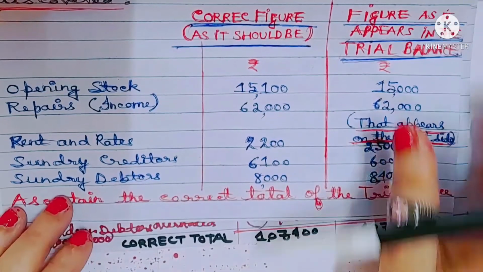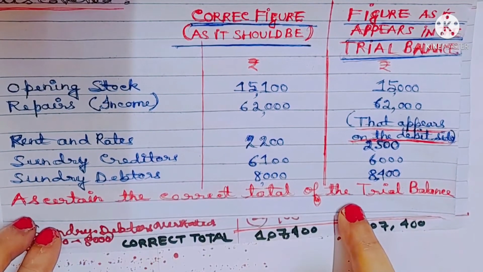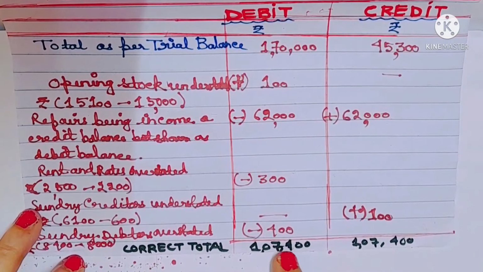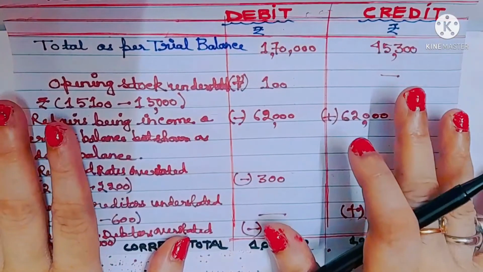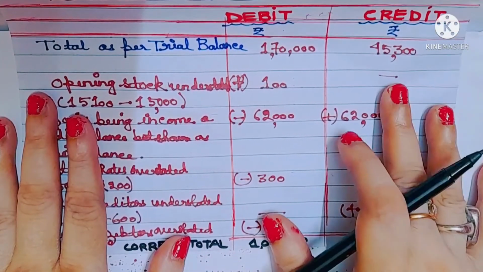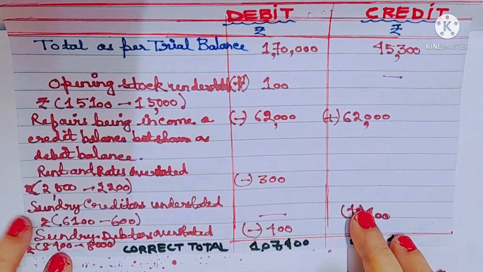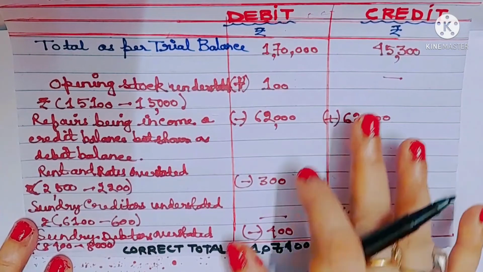They have asked us to ascertain the correct total of the trial balance. So the correct total is 1,07,400. I hope you understood. This is a very important and uncommon adjusted trial balance problem.